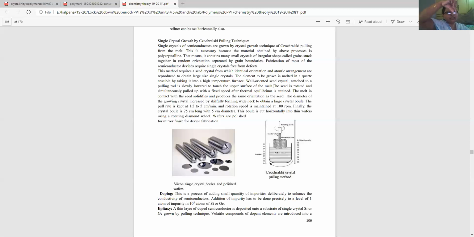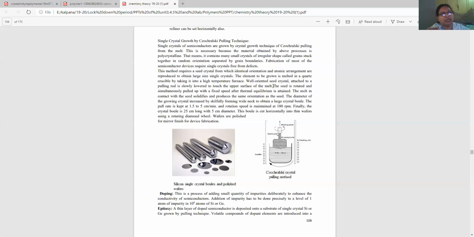So the seed is rotated and simultaneously pulled up with a fixed speed after the thermal equilibrium is attained. The melt in contact with the seed solidifies and produces the same orientation as the seed.